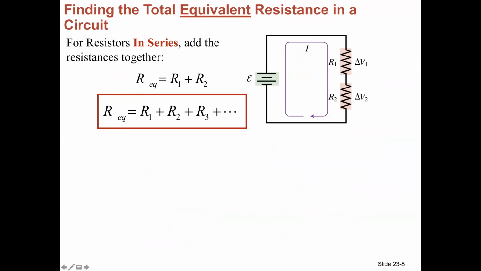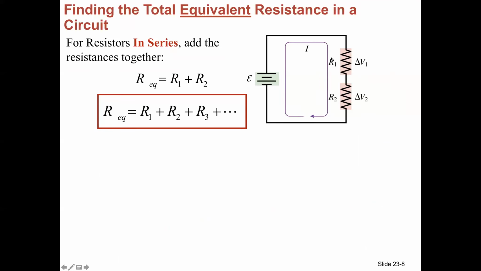However, you could have more complicated circuit problems. For instance, circuits where you have more than one resistor. And depending on how the resistors are arranged, the problem can become more or less complicated. So for instance here, we have 2 resistors connected to a battery. The total current coming from the battery has to go through both resistors.